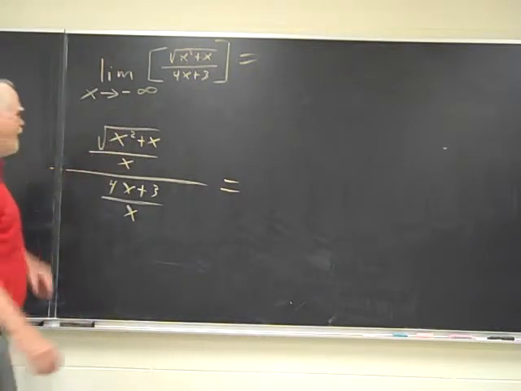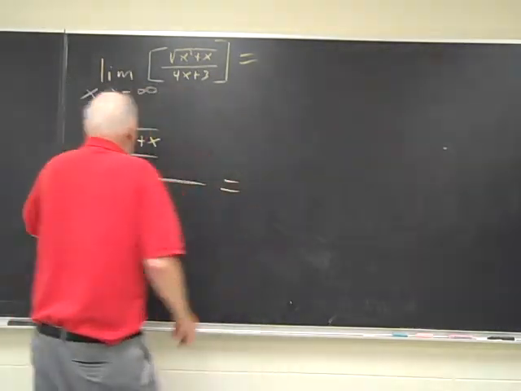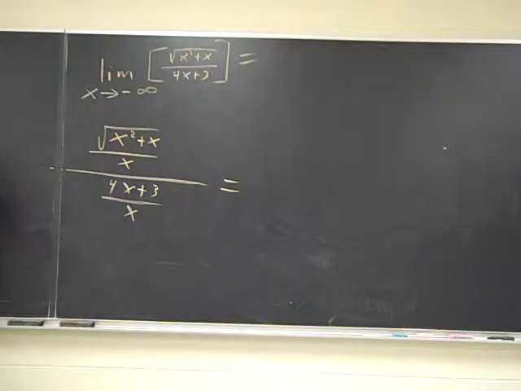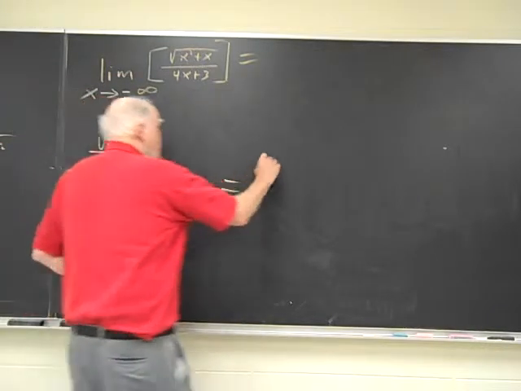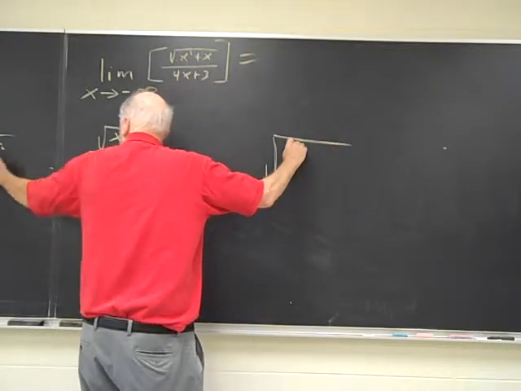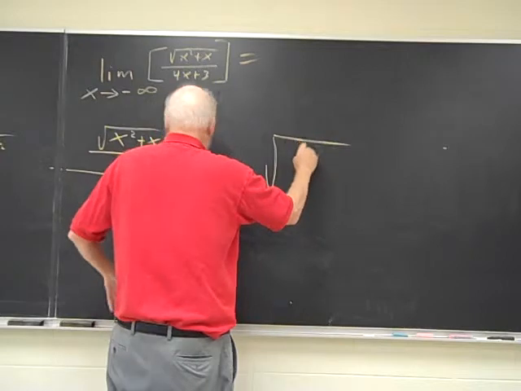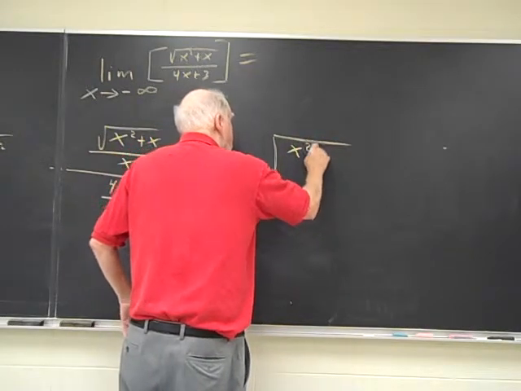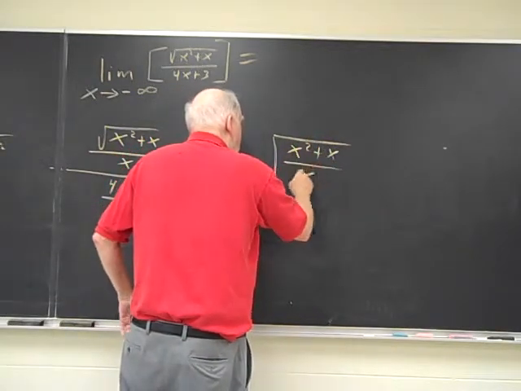Okay, so I'm going to bring it in, and we'll change this to the square root of x squared, right? And then we'll have a radical over radical, x squared plus x over x squared, right?